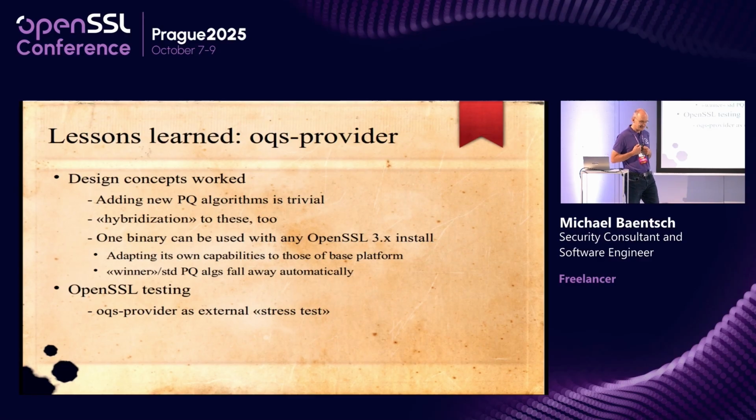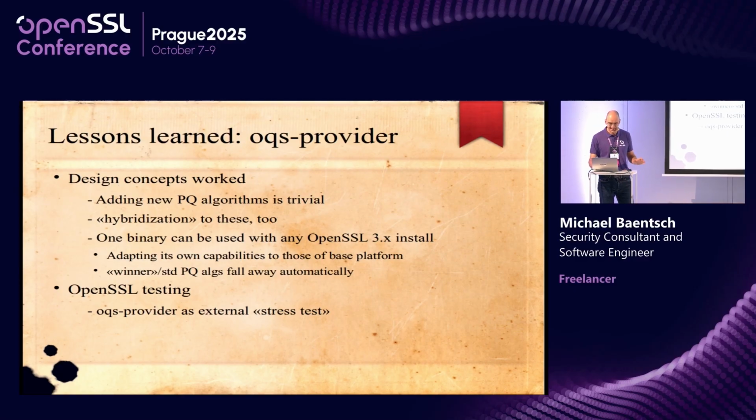And in the case of OQS provider, I think no provider in the world except this one is providing as many algorithms in one go as OQS provider. No provider other than OQS is creating signatures way longer than anything that OpenSSL currently supports, or KEMs, whatever. It's really a stress test for the system. And as such, we try to keep it and maintain it, even if just for that purpose.